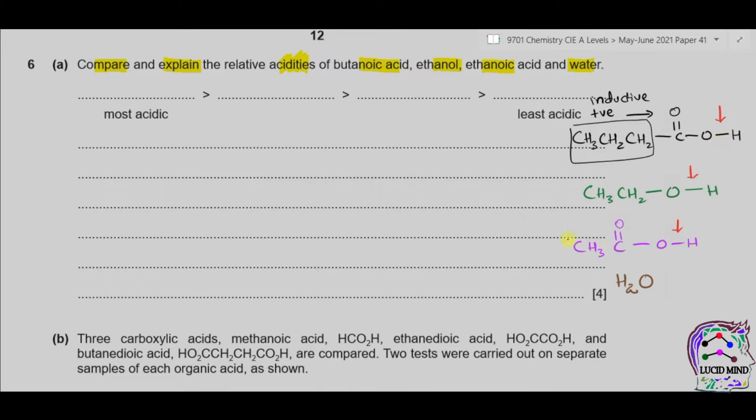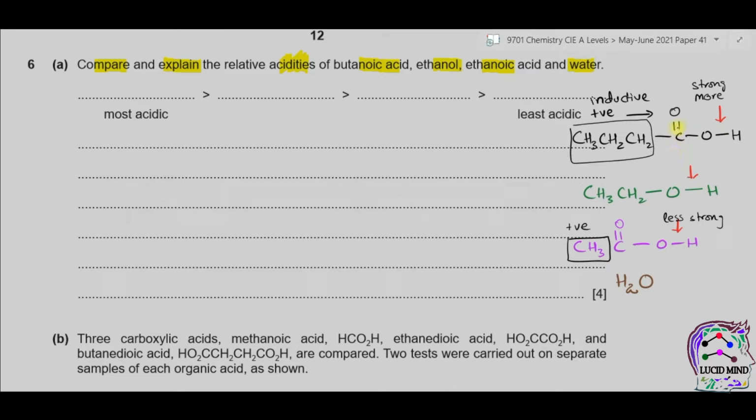And in the second one we have just one methyl group attached, so the positive inductive effect is still there but it is less as compared to this one, so therefore this bond is stronger as compared to this bond. So among carboxylic acids, ethanoic acid will be more acidic as compared to butanoic acid. Second thing is the comparison of carboxylic acid with alcohol.